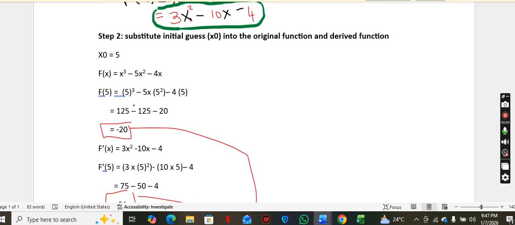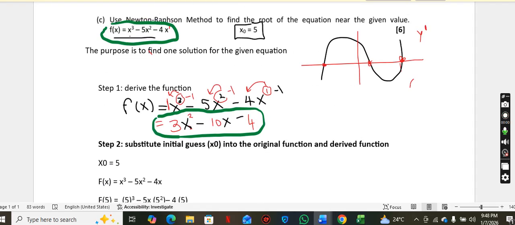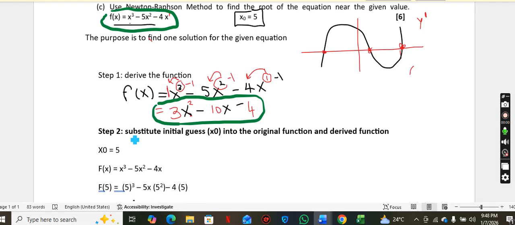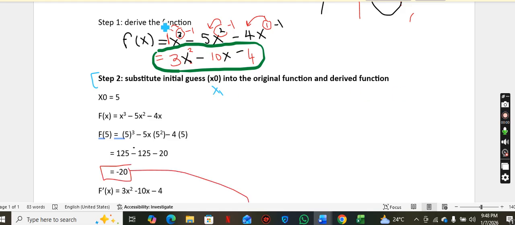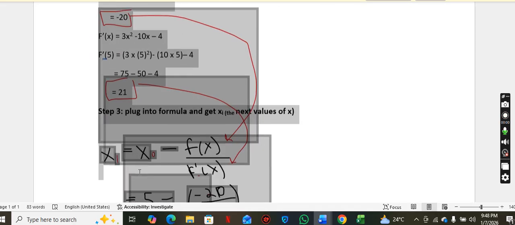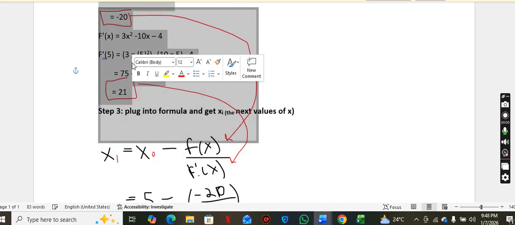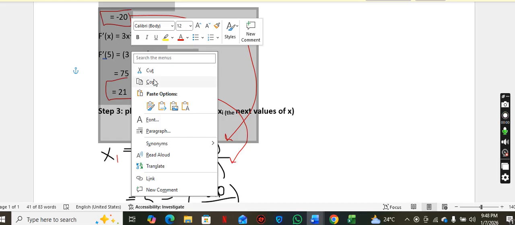Yeah, so as I said, now the process repeats itself. It repeats itself from step 2. This time it's not your initial guess, it's now x1. Substitute x1 into the original function and the derived function. These are questions which are a process.